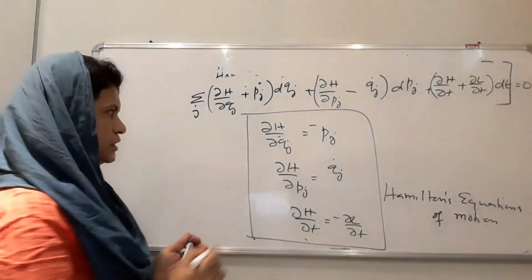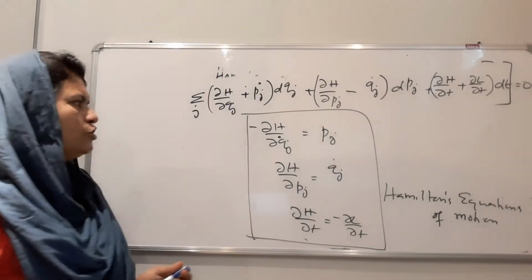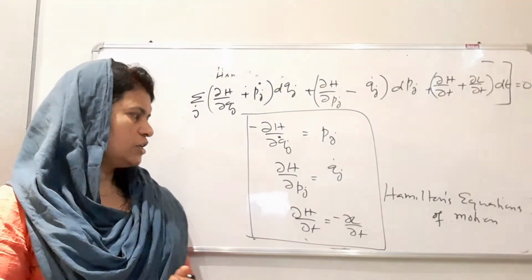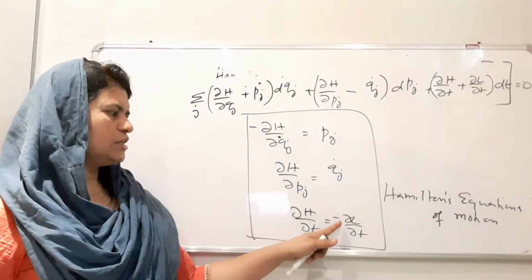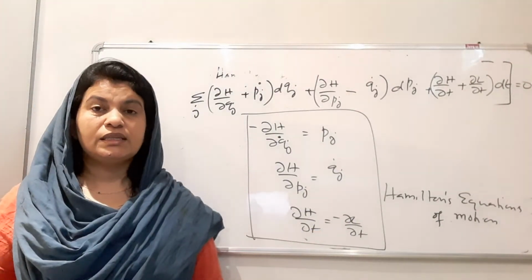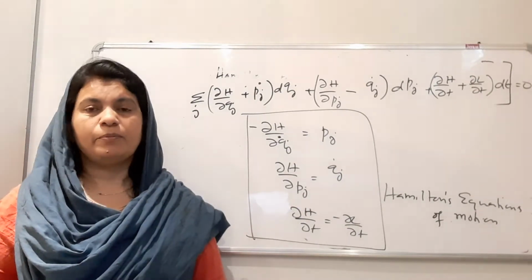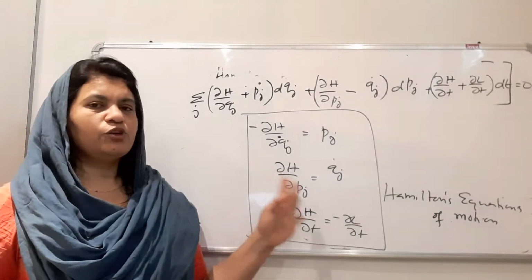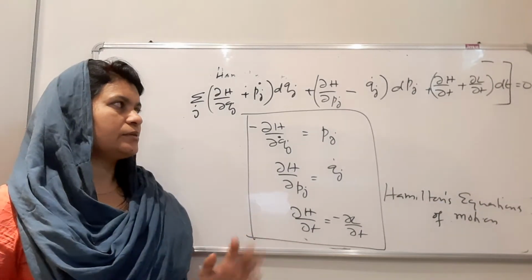We can write just like this, the negative can be taken to this side: pj dot is equal to minus ∂H/∂qj, qj dot is equal to ∂H/∂pj, and ∂H/∂t is equal to minus ∂L/∂t. These are the Hamilton's equations of motion. Using these three equations we can solve the problems in mechanics.